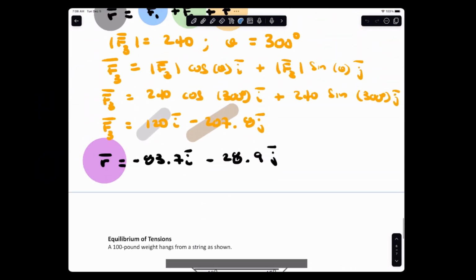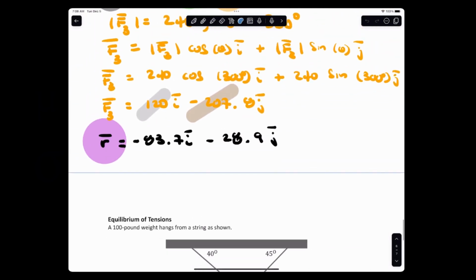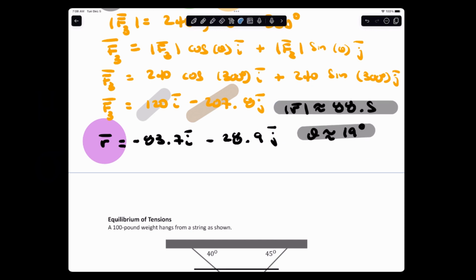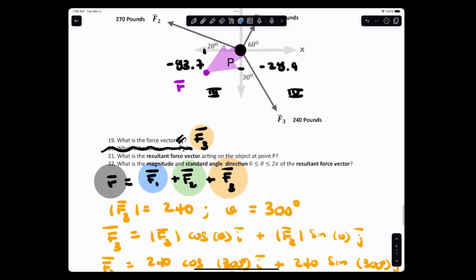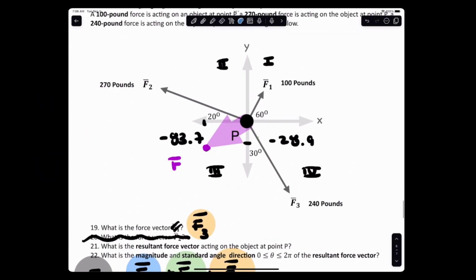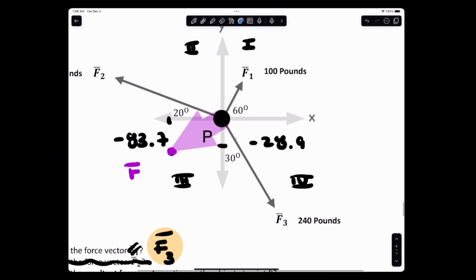Okay, so let's go here. Let's put this information. So let's think about this, okay? The angle of 19 degrees, does that make sense in your picture here? Does that make any sense? The answer is no. Good, thank you.